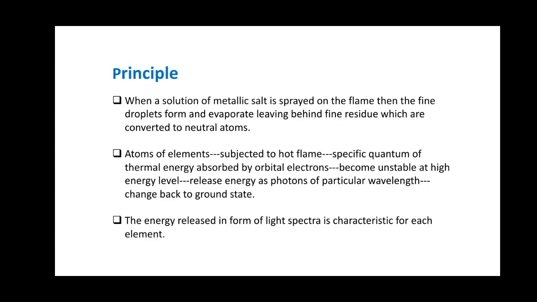The principle of flame photometry is that when a solution of a metallic salt is sprayed on a flame, fine droplets form and evaporate, leaving behind fine residues which are converted to neutral atoms. The atoms of elements subjected to a hot flame absorb a specific quantum of thermal energy into the orbital electrons of an atom, become unstable at a high energy level, and release energy as photons of particular wavelength as they change back to the ground state.